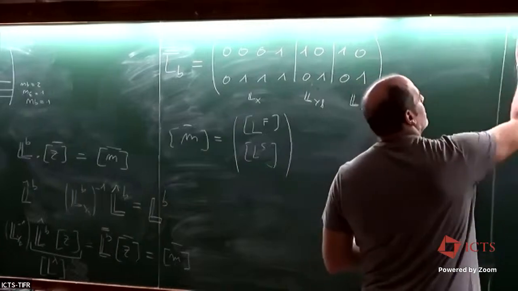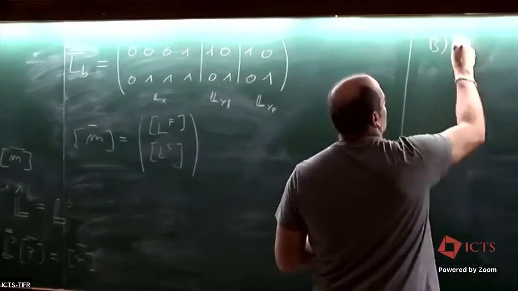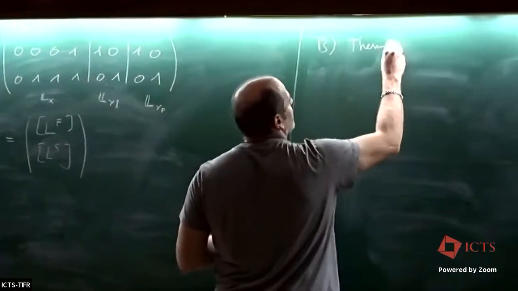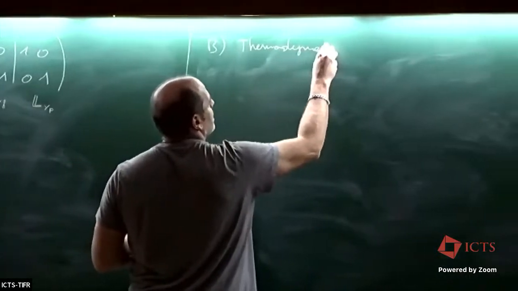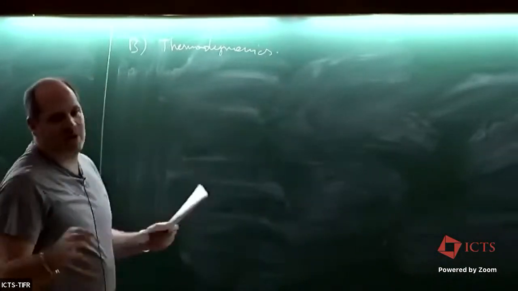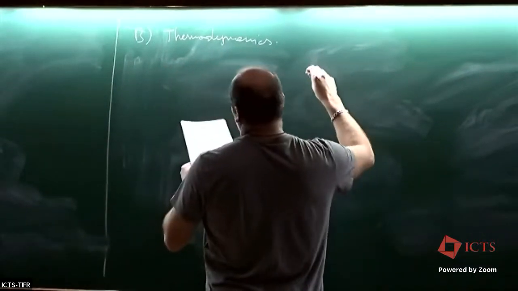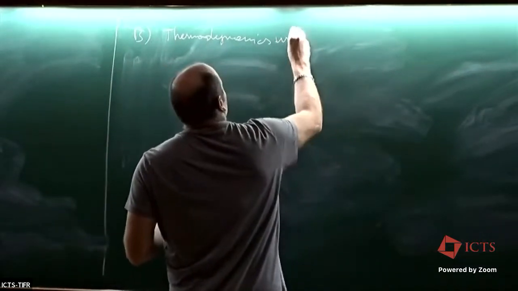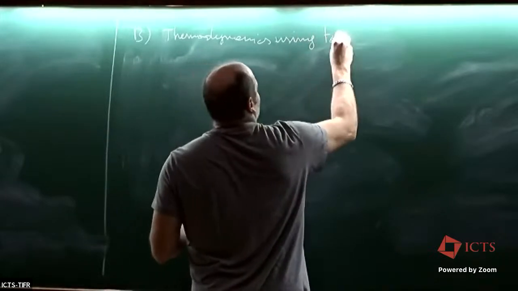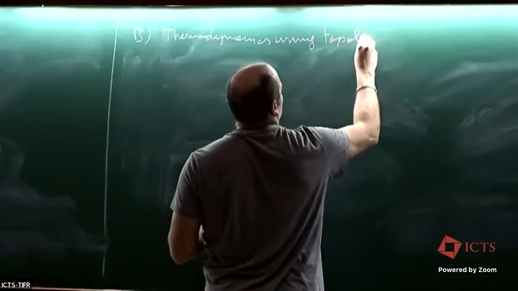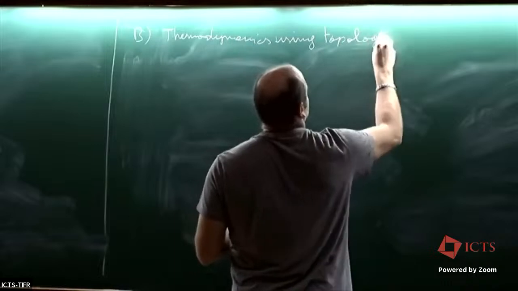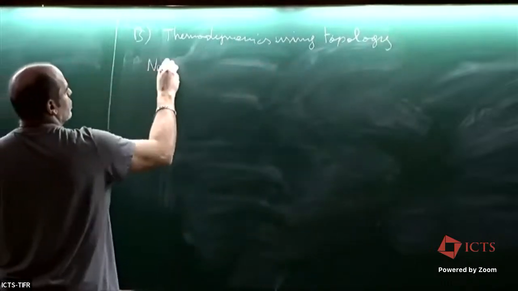Okay, now B, thermodynamics and topology. I anticipated thermodynamics already with the steady state one. This is because of time, but now we do it in general. Topology. And the first thing I do is I introduce a new free energy.